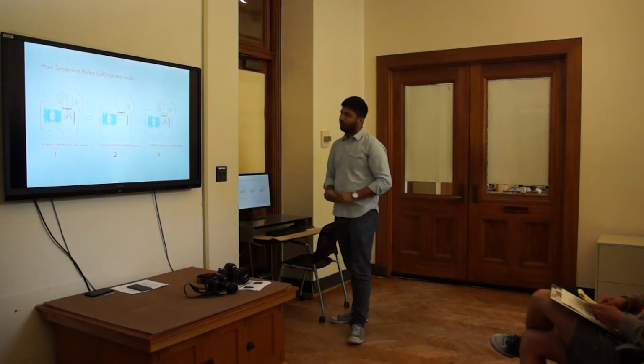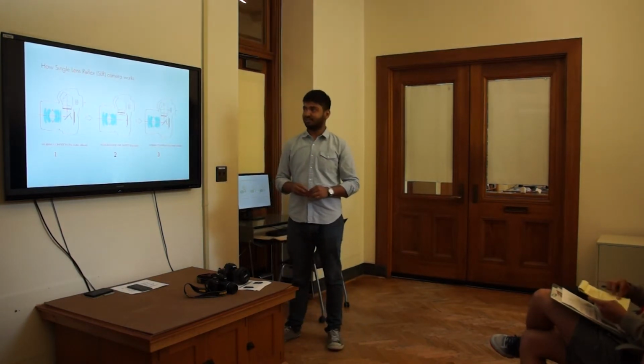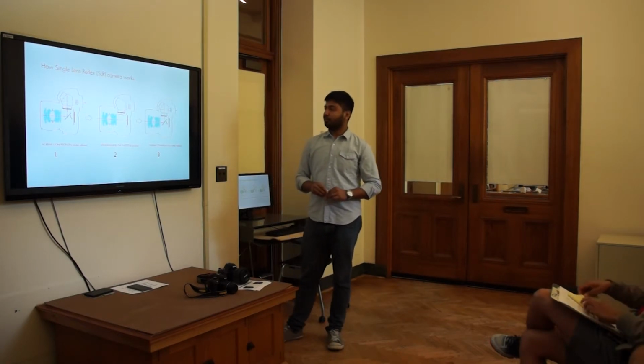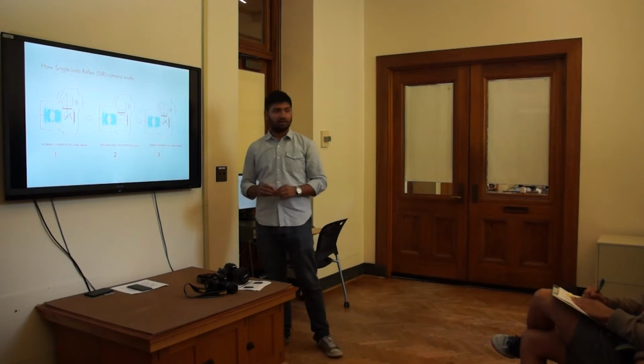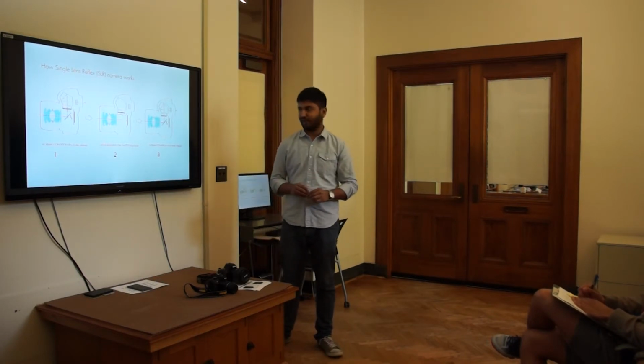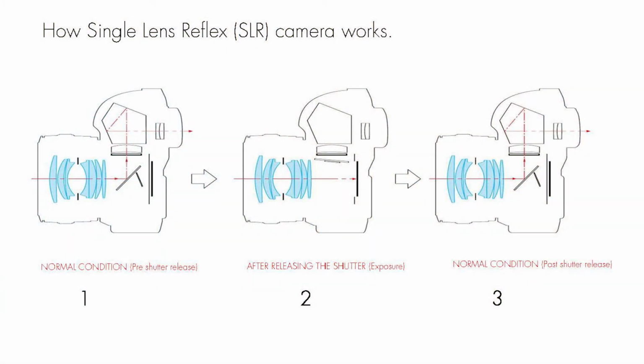So let me talk a little bit about how single lens reflex, that is SLR cameras, work. Doesn't matter whether digital or film SLR, they work in the same way. This is how a simple cross section of any SLR looks like.